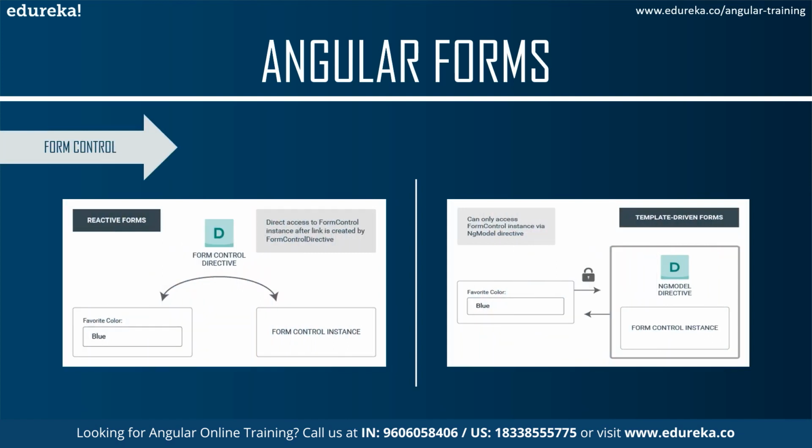What a form control does is help you with the privacy of your forms. Of course, when you create a form, you don't want it to be accessible to everybody. So our privacy check is done by our form control. As you can see in this picture, form control in reactive forms has direct access to your form object, and there is something called the form control directive created in your reactive forms, which will help you in controlling your privacy.